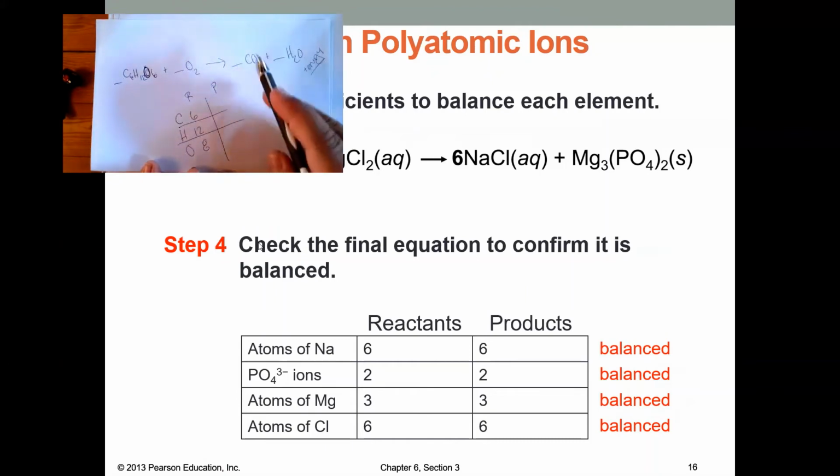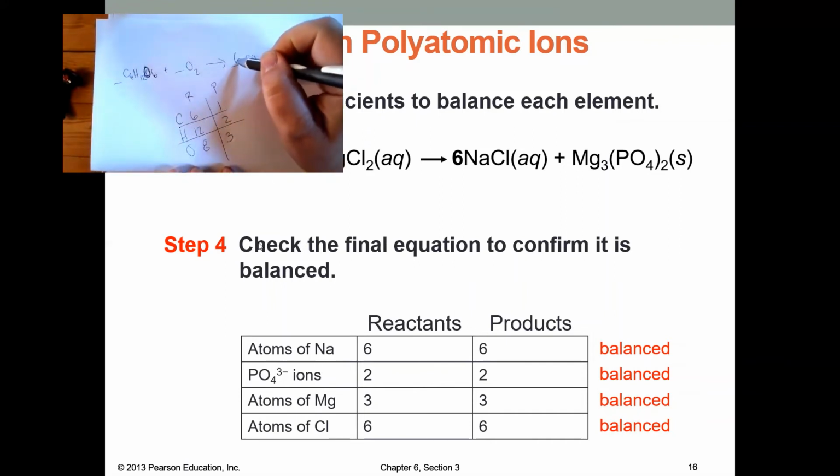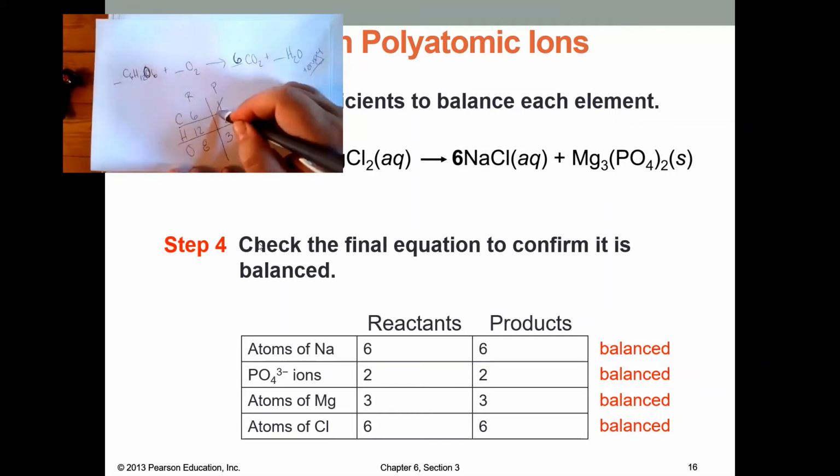On this side, I have 1 carbon, 2 hydrogens, and 3 oxygens, 2 plus 1. So we're definitely not balanced. So let's start with balancing carbons first. I have to get this equal to 6, meaning that I'm going to multiply this by the whole number coefficient of 6.